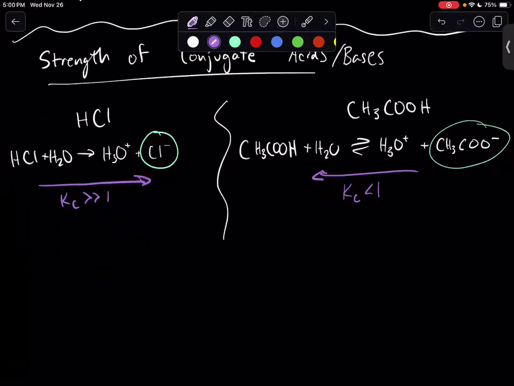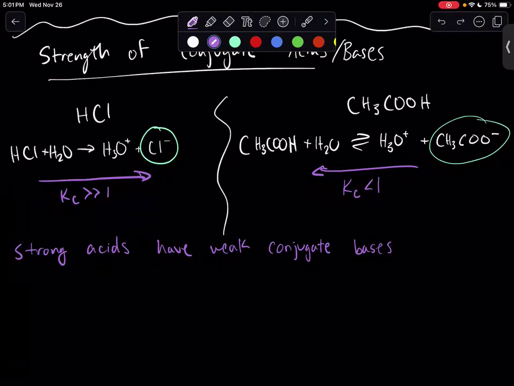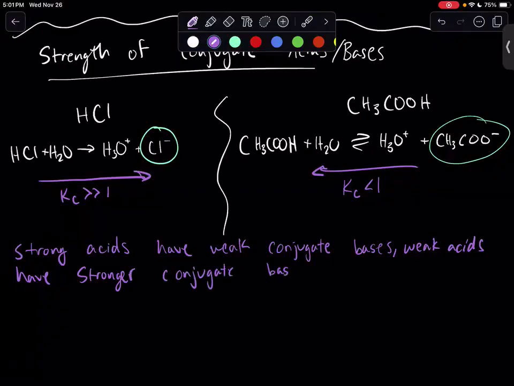So what we can tell from this is that strong acids have weak conjugate bases. Chloride ion is not going to pull the hydrogen from the hydronium. Furthermore, weak acids have strong, or not strong, but stronger conjugate bases. It won't be a strong base, but it will be a stronger conjugate base.